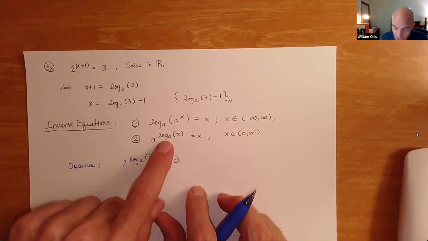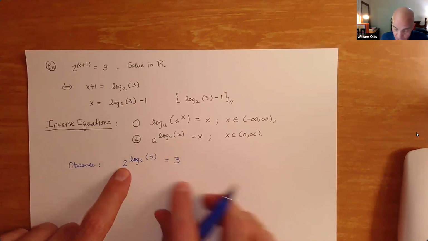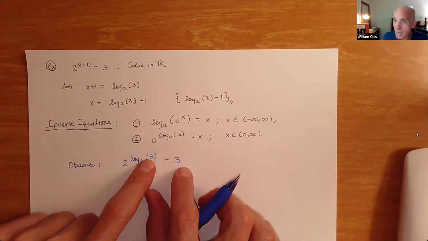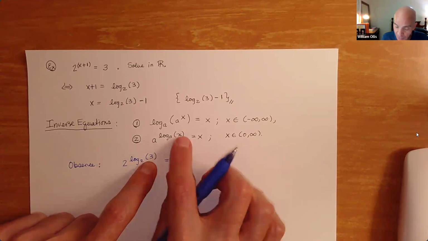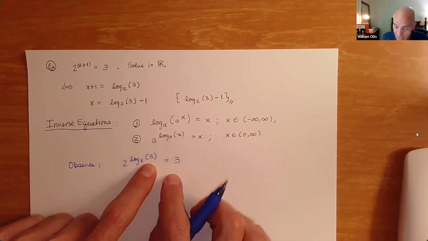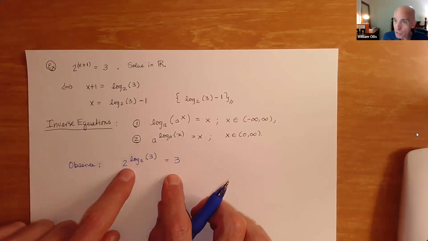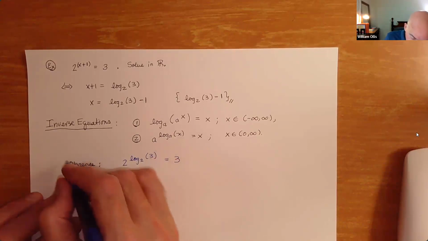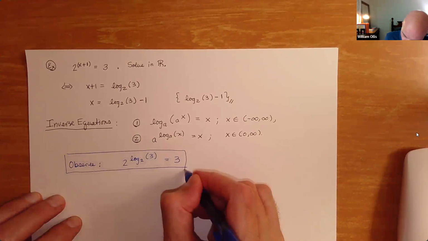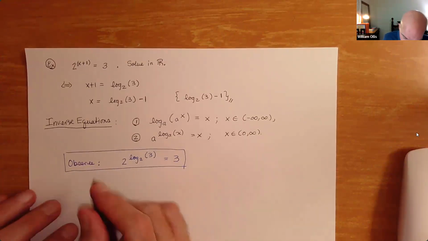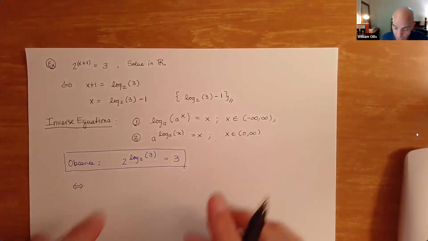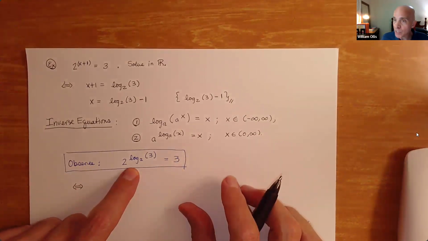So basically I'm using 2. That is, notice base 2 exponential, base 2 logarithm, input equals output. So again, input equals output. And here I'm just using 3 in place of x, and in place of a, I'm using a 2. So we get this observation here, and you're thinking, oh, yeah, I like that. So now let's look at the equation with rewriting the 3 in terms of base 2.